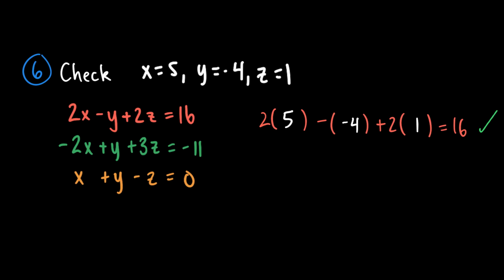Next we've got negative 2x plus y plus 3z is equal to negative 11. Does that work if we plug in 5, negative 4, and 1? We would have negative 10 minus 4 plus 3. Is that negative 11? Yep, that works.